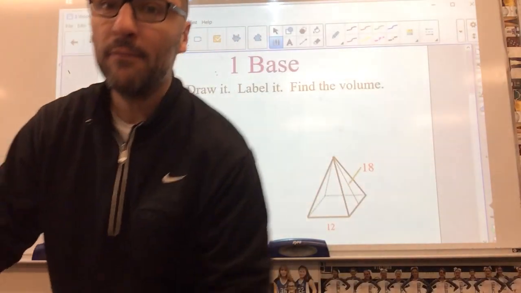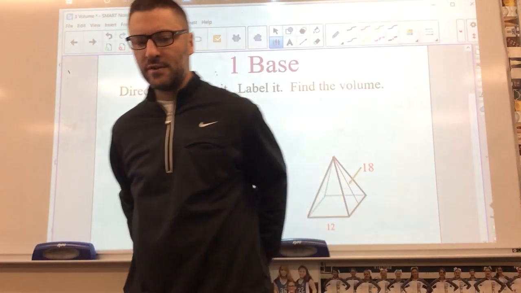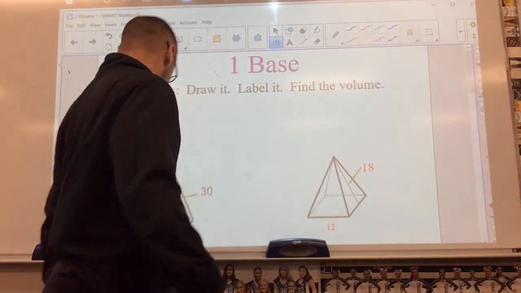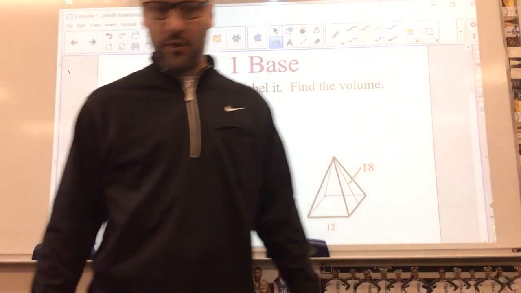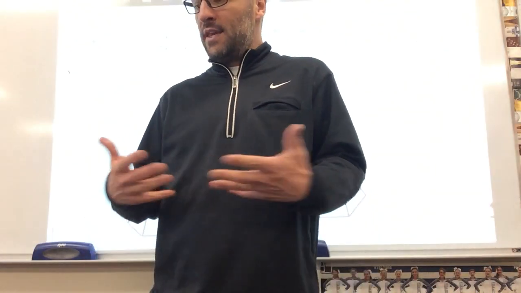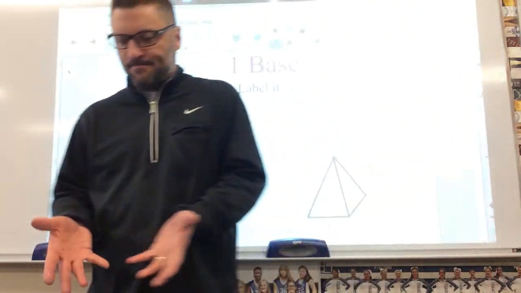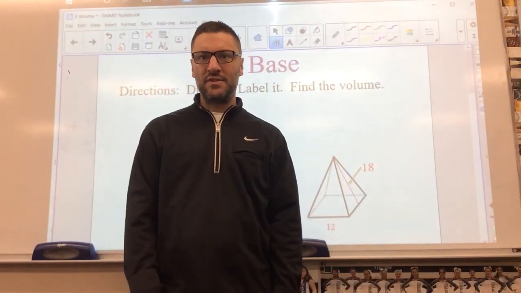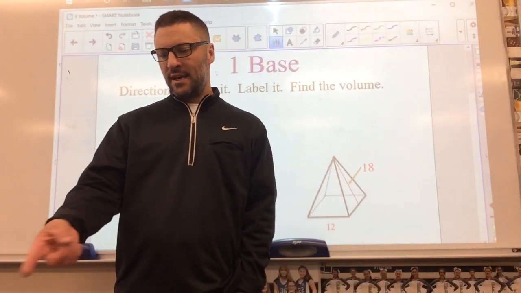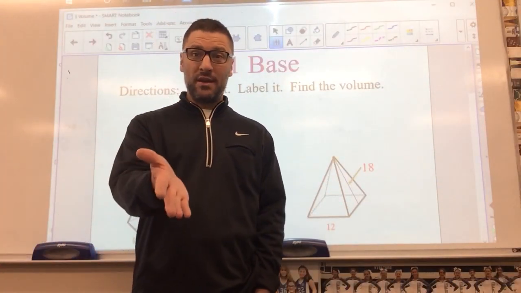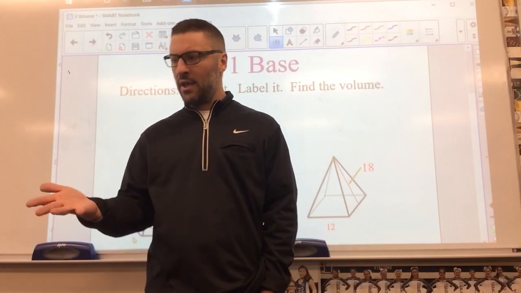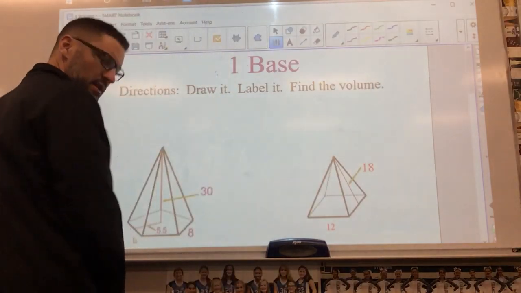I show you that because all one base figures have a volume that is exactly 1/3 of the volume of the figure that it looks like. In this case, that figure is a cube. So a pyramid is 1/3 as big as a cube.